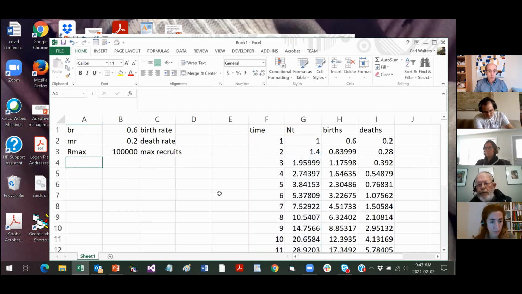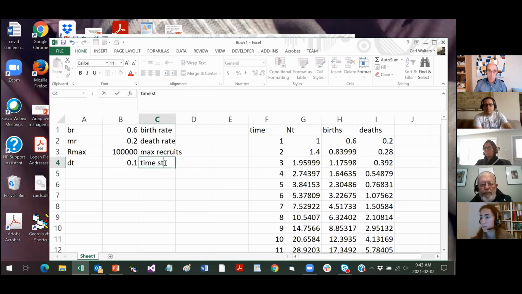So I'm going to show you how to set up a differential equation model in Excel. I'm going to set a time step increment dt for making predictions, and I'm going to make that small, like 0.1 years. I want to call it time step. Now for time, I'm going to start out with time 0.